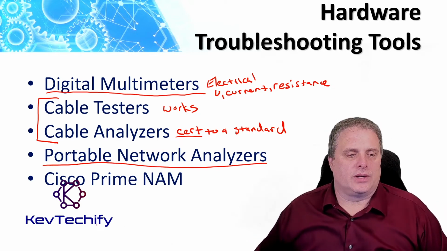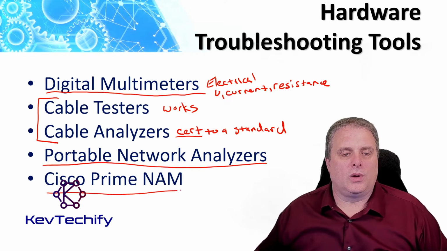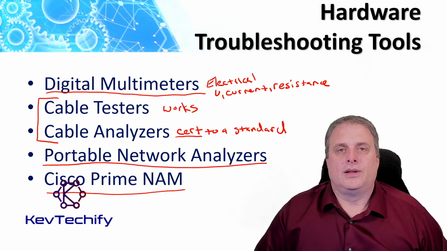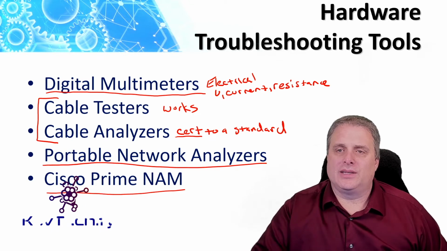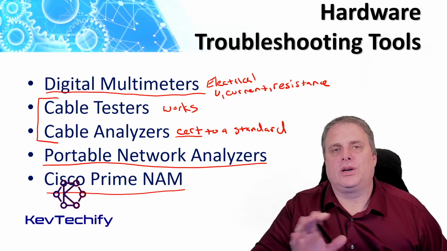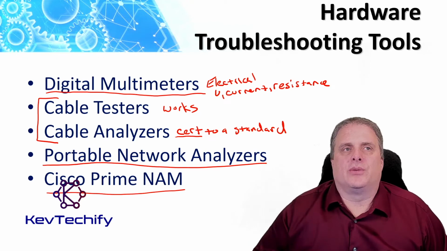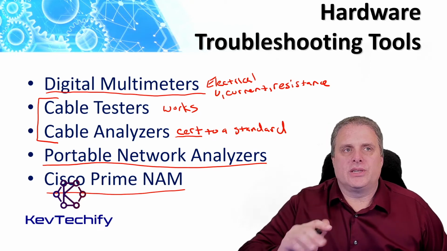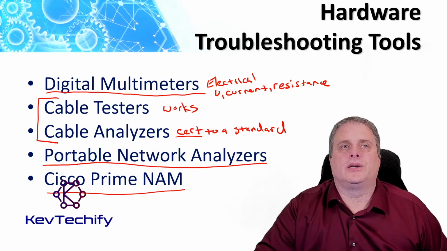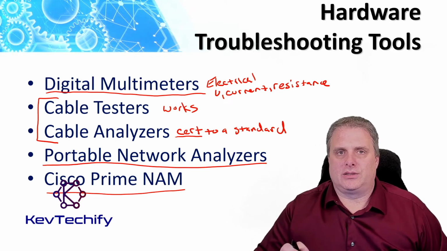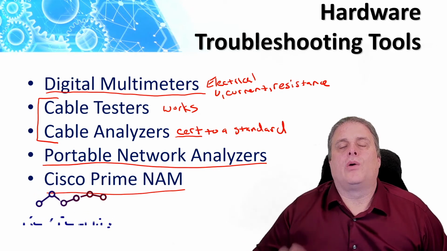And then the last one, Cisco Prime here with NAM. NAM is Network Analysis Module. Now, this isn't a complete hardware solution. You do need some software. And what this is, it's a browser-based interface that displays device information and performance analysis in a switched and routed environment.